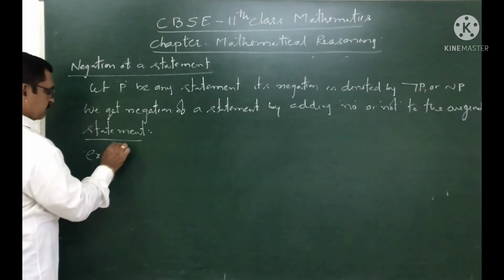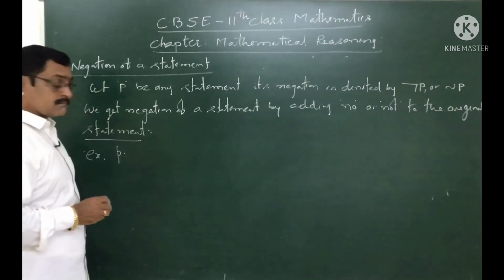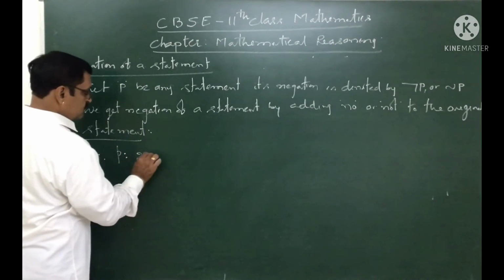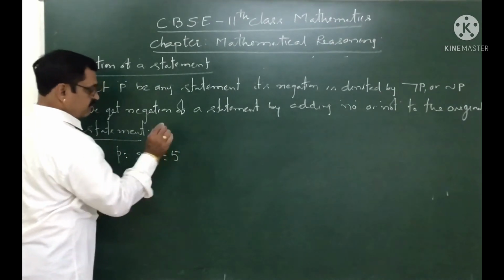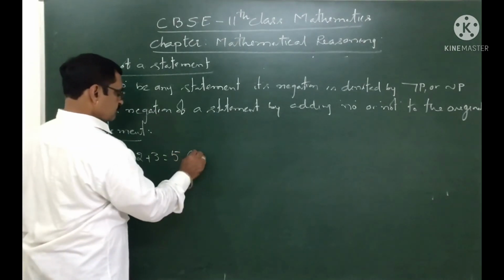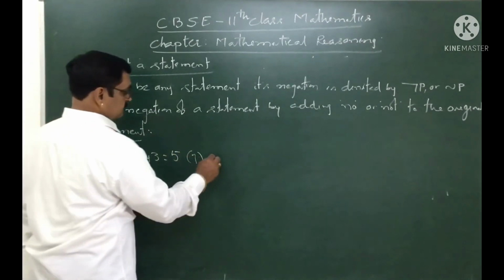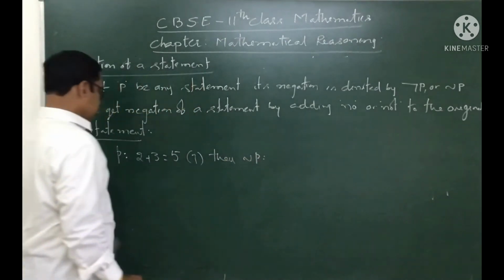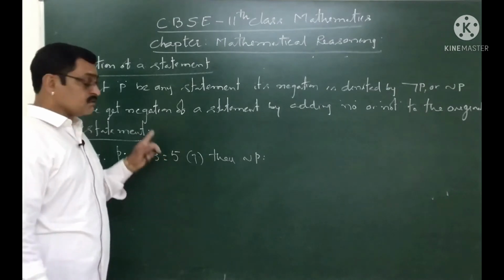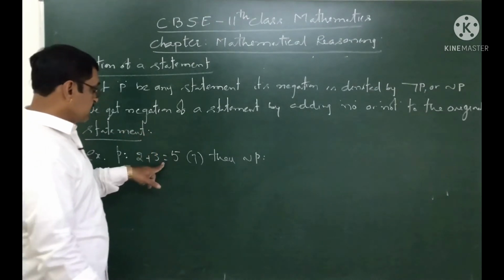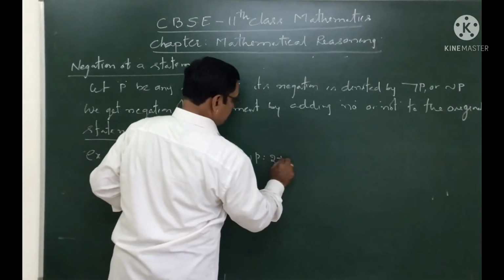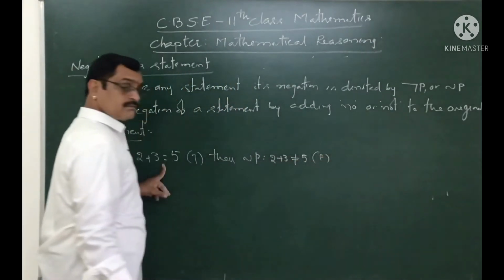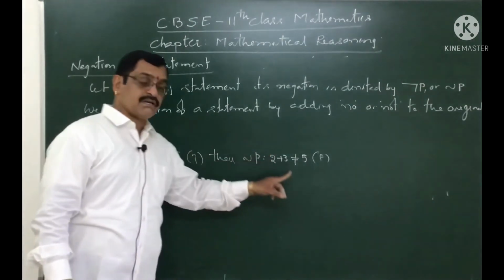Example, P: I'll give a simple example. 2 plus 3 is equal to 5, which is true. Then my negation of P is: you have to add not. Equal symbol is there, so simply you write 2 plus 3 is not equal to 5. Of course, this is false. So this is a statement, and this is the negation of the statement.